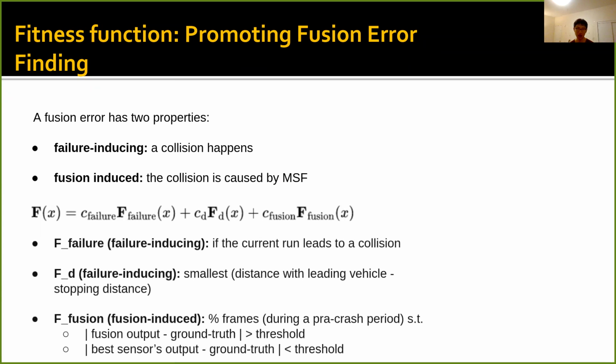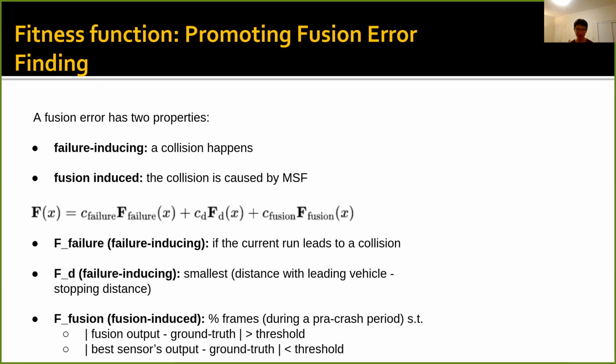The first two are for promoting failure inducing. Failure is the Boolean variable representing if the current run leads to a collision. FD represents the smallest distance between the ADAS and a forward leading vehicle, subtracted by the ADAS stopping distance.